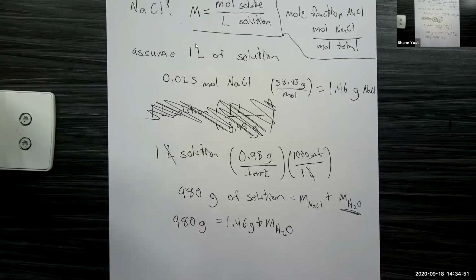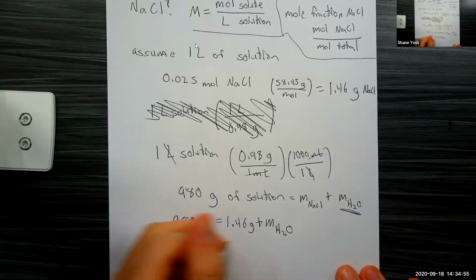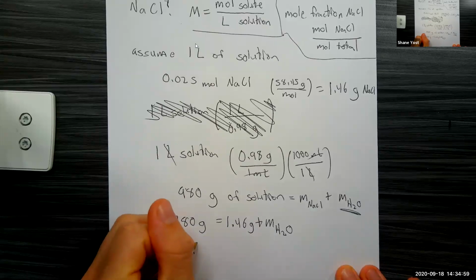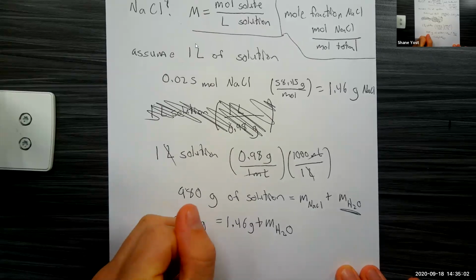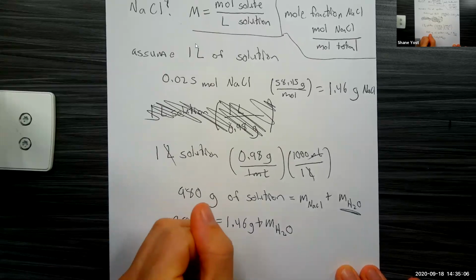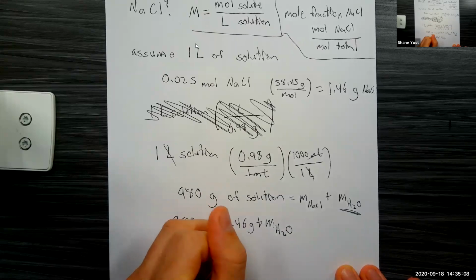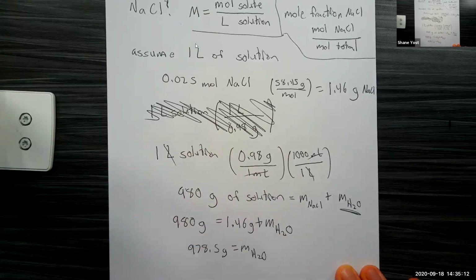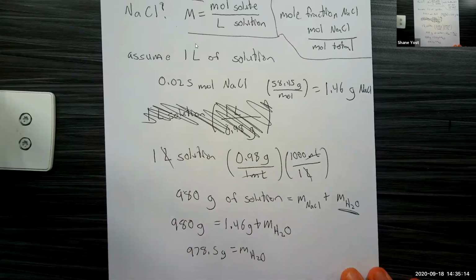I just take 980 and subtract off 1.46 to get 978.5, rounding up here, grams, equal to the mass of H2O. Okay. So now I have the mass of water.